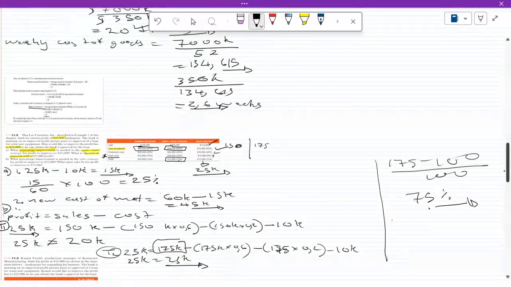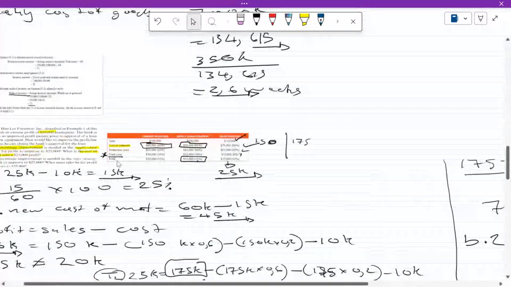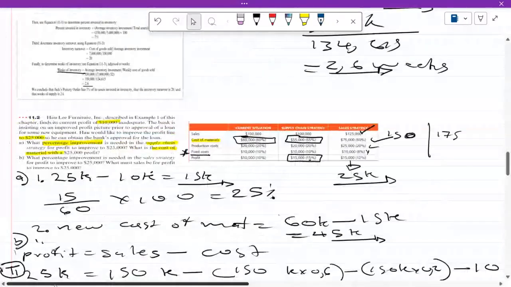And this is where B.1 ended. Then now B.2, what are they looking for? What must sales be for the profit to improve? Obviously, they must be the 175.